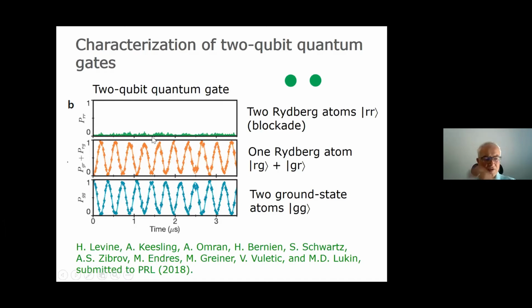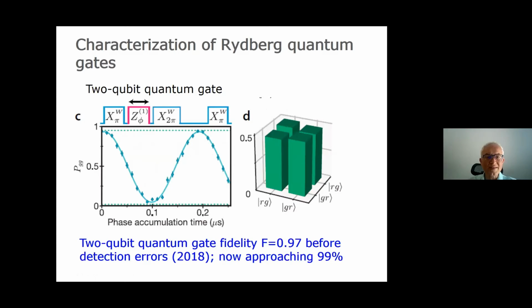Again, this shows that the blockade is rather robust; the energy scale is much larger than any variations of the blockade by motion, etc. So we can drive the system from GG to RG plus GR and back down, and this deterministic preparation of the Bell state allows us to do quantum gates.